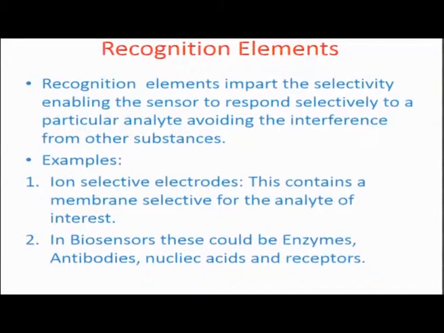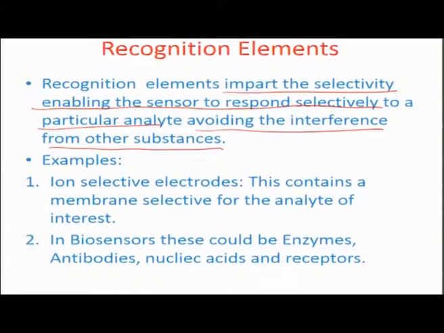The recognition element imparts selectivity, enabling the sensor to respond selectively to a particular analyte, avoiding interference from other sources. The analyte may be a light signal or a gas or even a fluid that we are measuring, but the goal of a sensor is to suitably modify the particular analyte of interest, which may be present in a mixed or dissolved state with others.